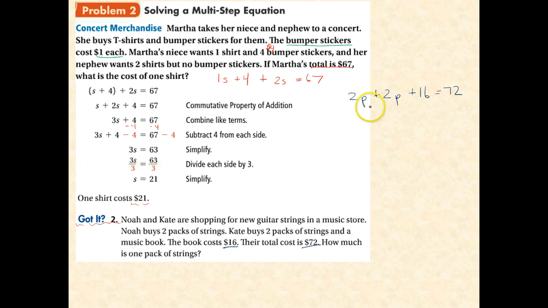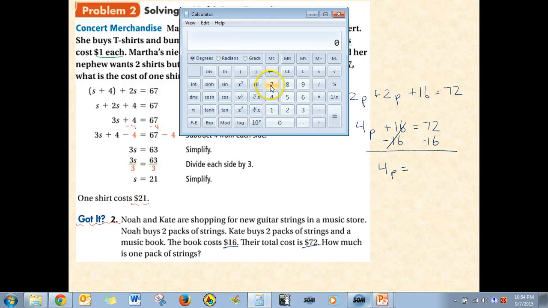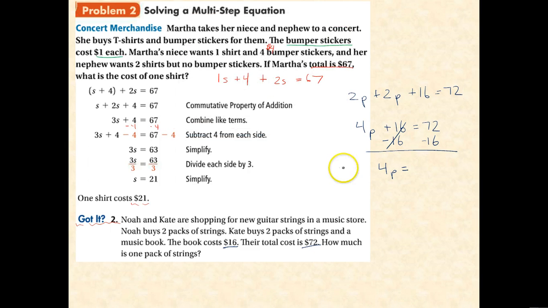So we can simplify a little bit here. We can combine like terms. 2p plus 2p is 4p. Then we can subtract 16 from both sides. We get 4p equals 72 minus 16, 56.